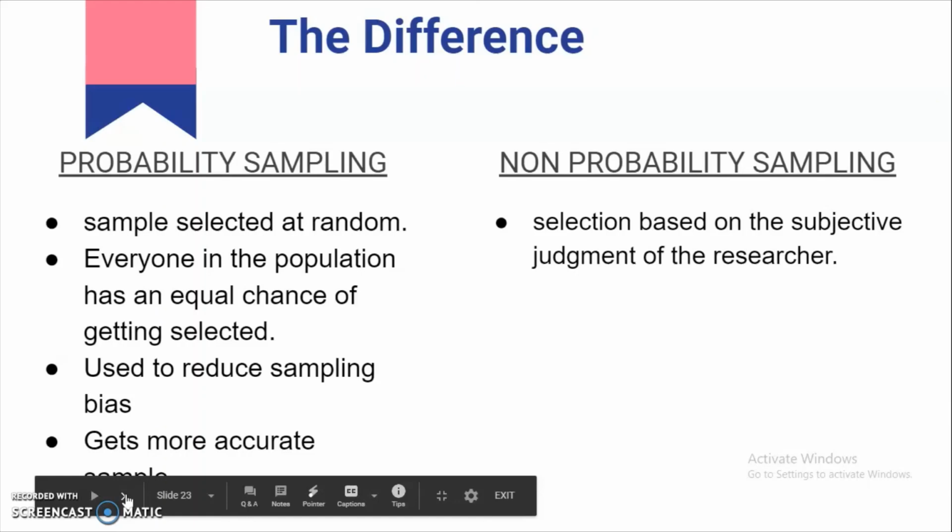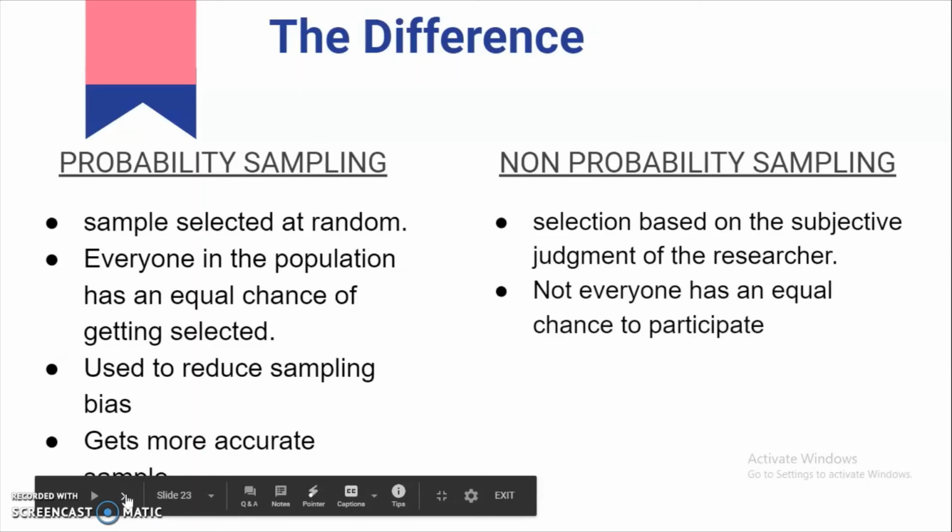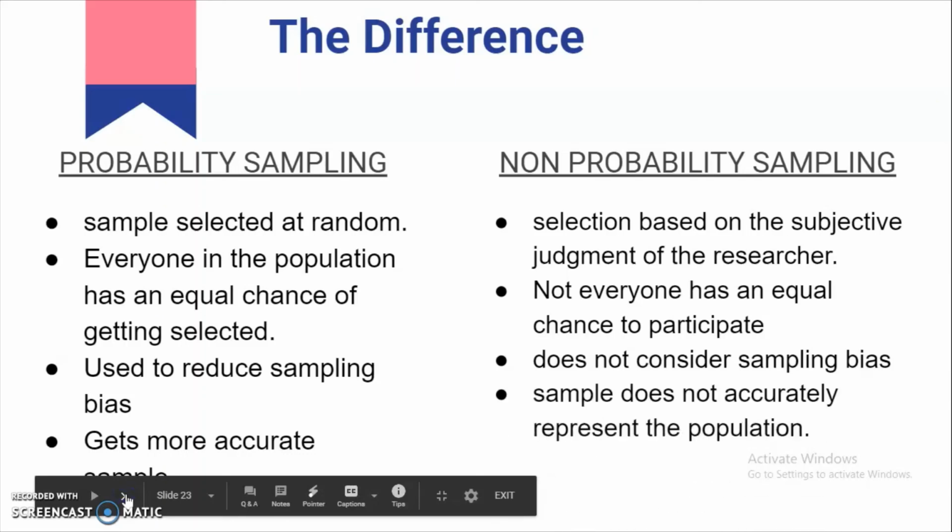So not everyone will get an equal chance to participate because it is mostly decided by the judgment of the researcher, and it does not consider sampling bias. The sampling bias may come, but the researcher will not take it into consideration. And also the sample does not accurately represent the population. So these are the characteristics of both probability sampling and non-probability sampling.